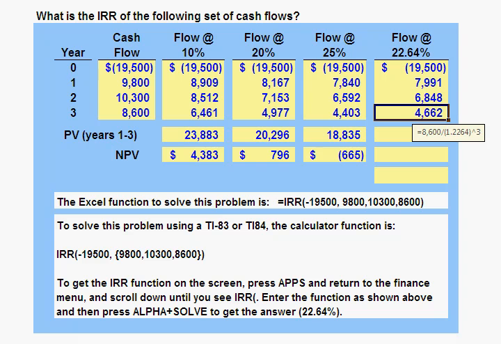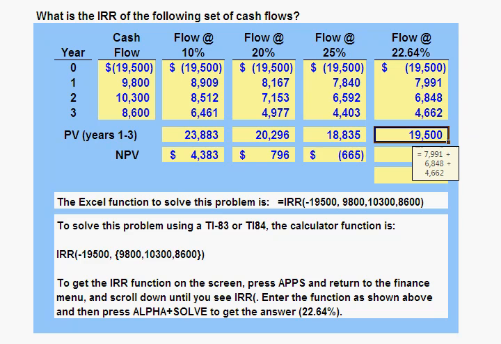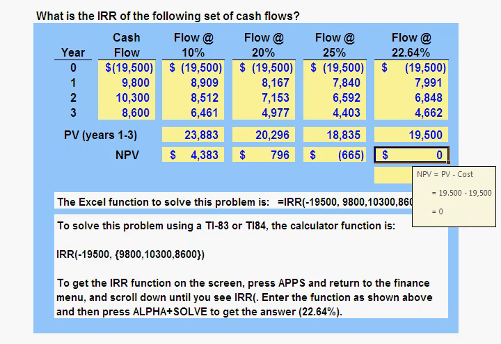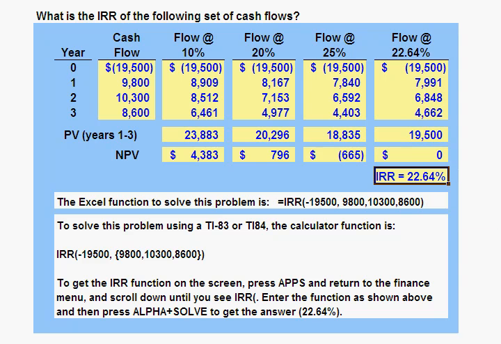At time 3, $4,662. When we sum together the years 1 through 3 present values, we have a present value of $19,500. To calculate the net present value, we would subtract the initial cost of $19,500 and find our net present value is 0. This means our IRR is 22.64%, the rate that makes the net present value 0.